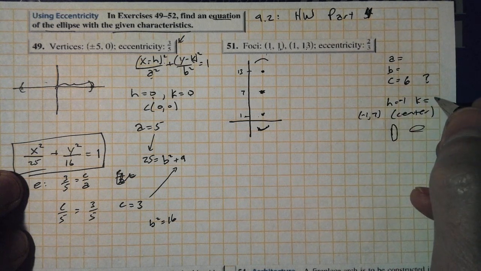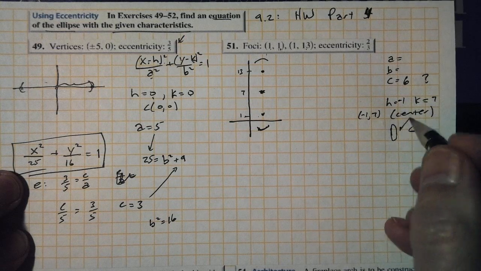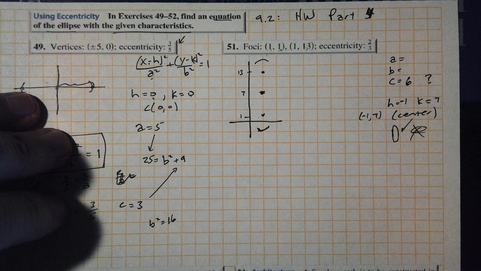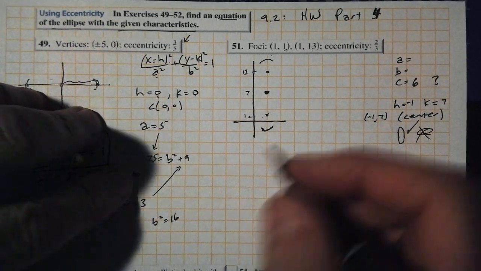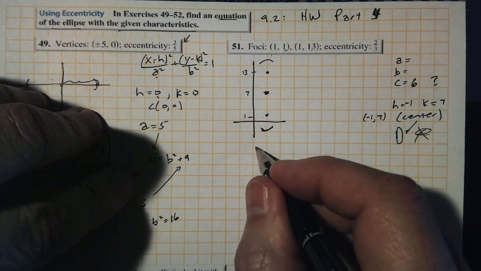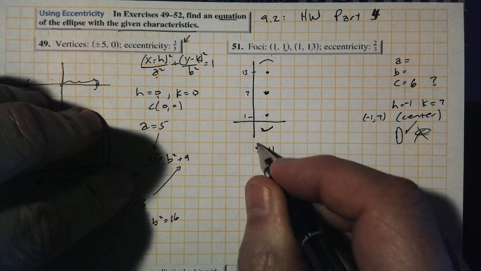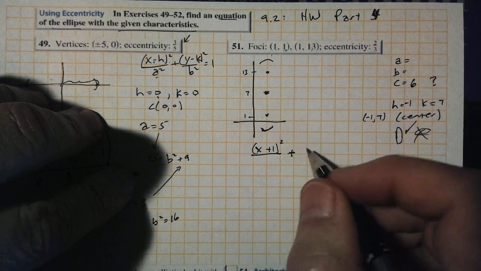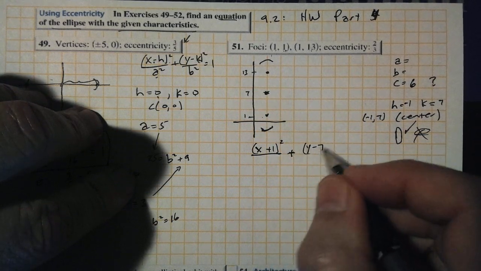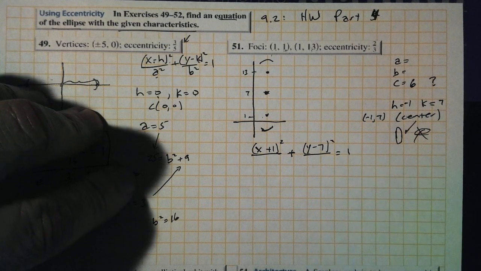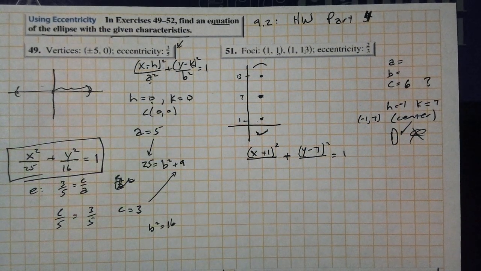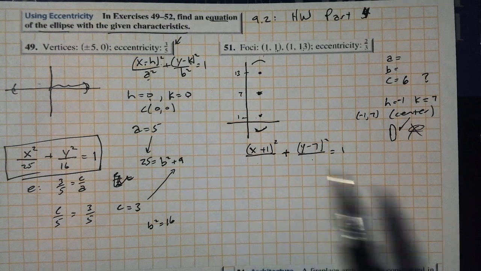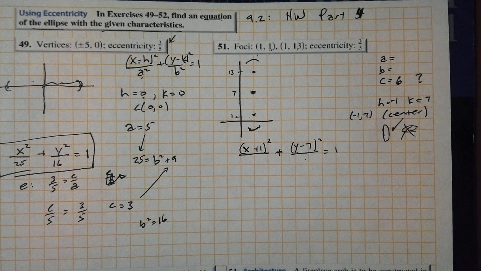So H is -1, K is 7, and we know that it's tall. So that actually tells us a fair amount of what's going on here. I've got x minus -1 squared on, plus y minus 7 squared equals 1. I know that A goes underneath the y's. It's tall. But I don't have A and I don't have B.